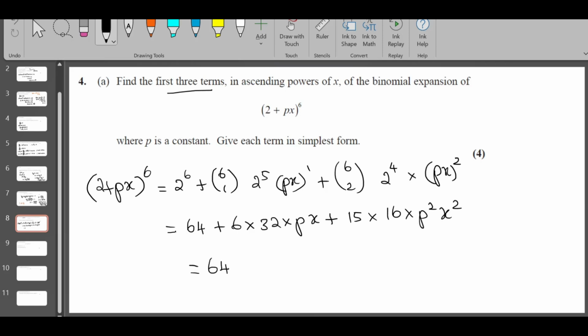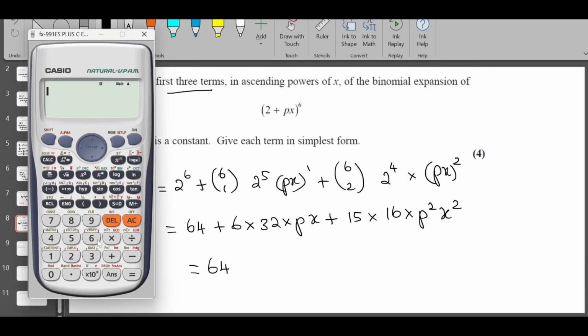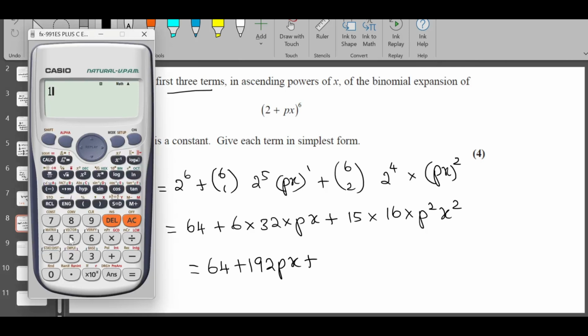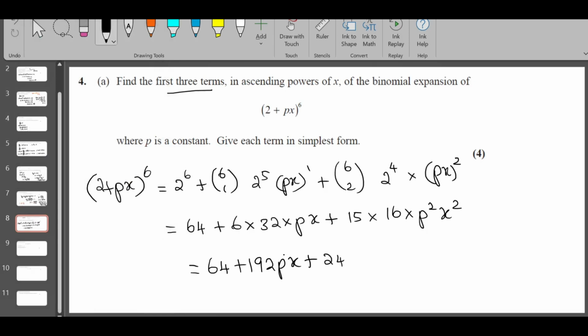You will get 64. 6 times 32 is 192 px. 15 times 16 is 240 p square x square. That's all in part A.